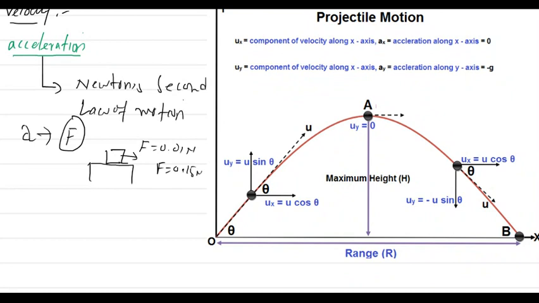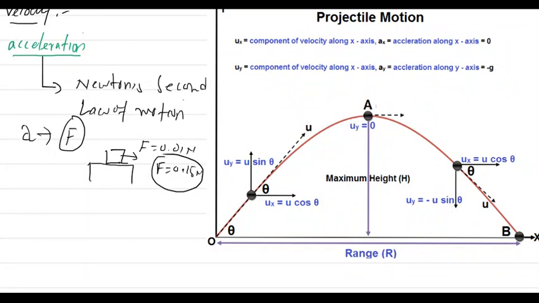It means now there is a resultant force. I will not go into detail of this one, okay? But what you need to keep in mind is that without the action of a resultant force, there is no acceleration.